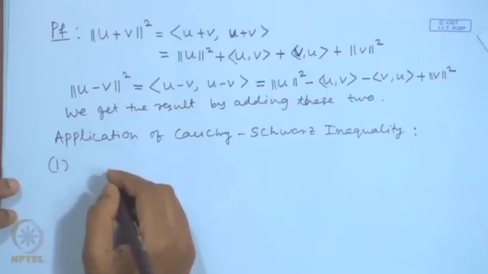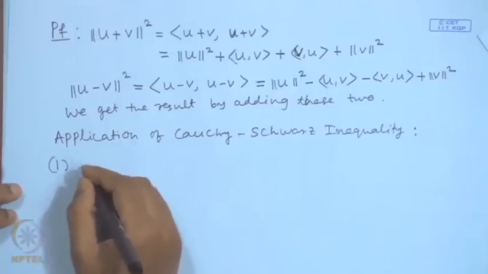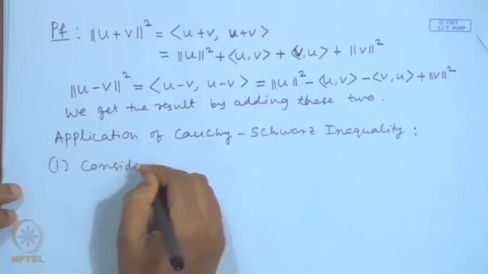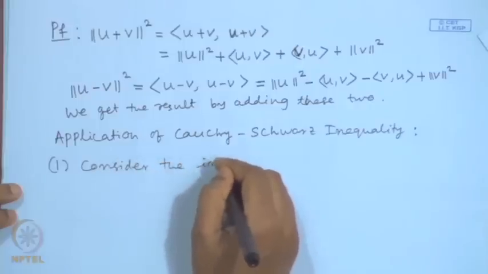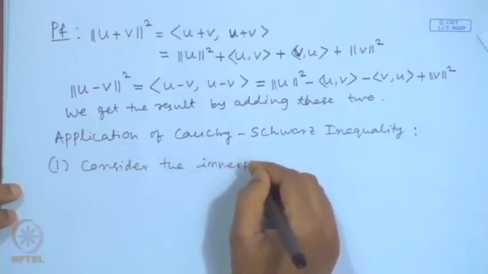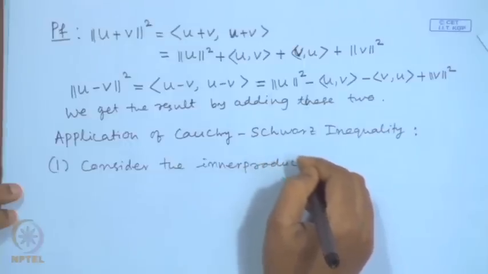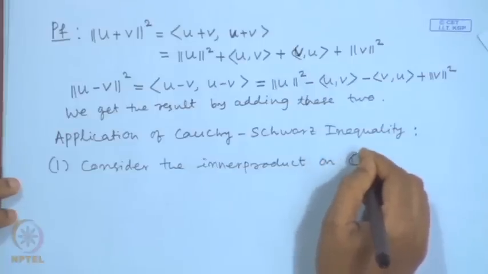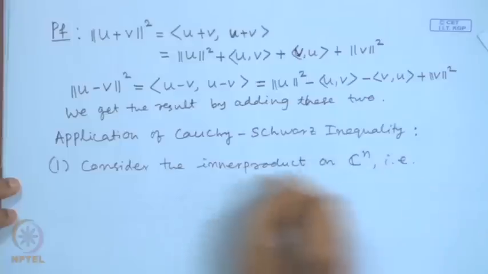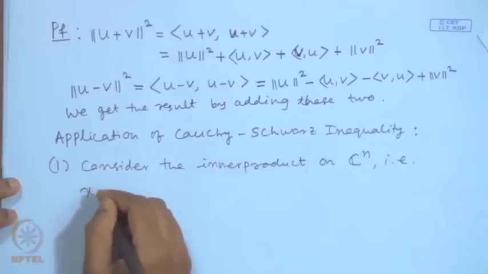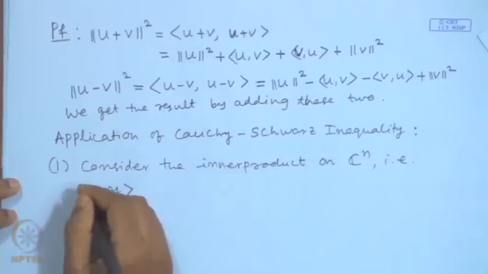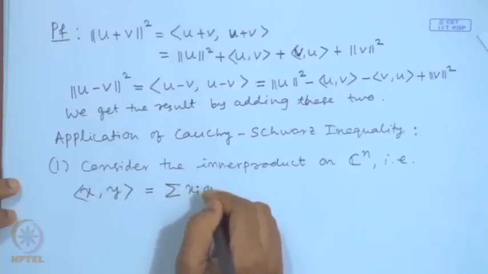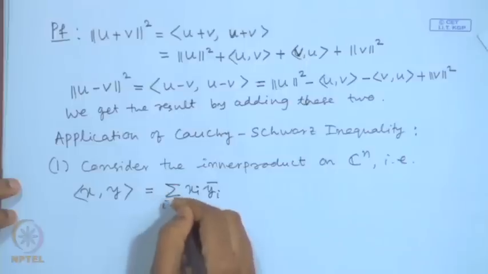In the second example, consider the inner product on C n, that is, the inner product of x, y is equal to summation x i y i bar, i from 1 to n.